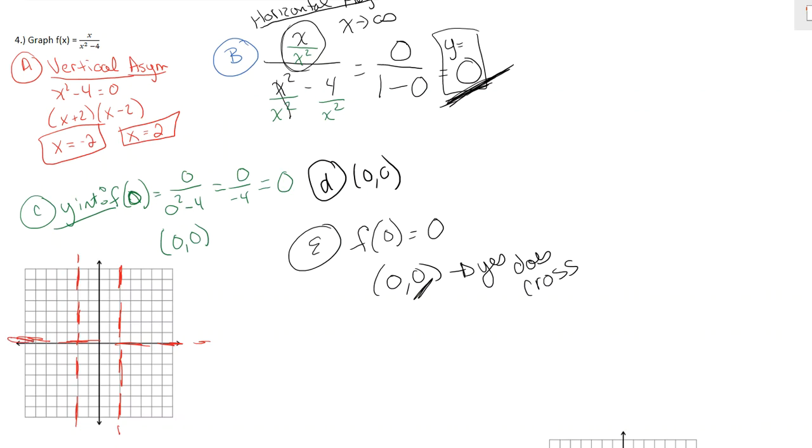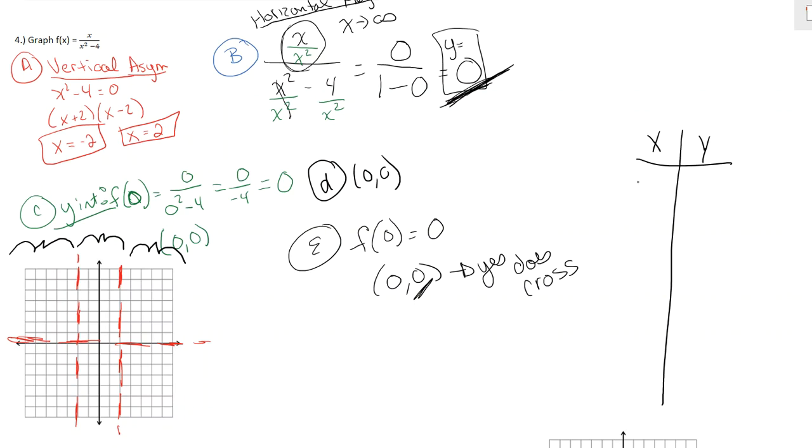I want you to take a look though, and you can see that there's really kind of three sections. There's one left of -2, there's between -2 and 2, and then there's greater than 2. And those are the three different parts of the graph. So what I'm going to do, and this is that step number 6 where it says plot a few selected points, I'm going to divide this up into three sections.